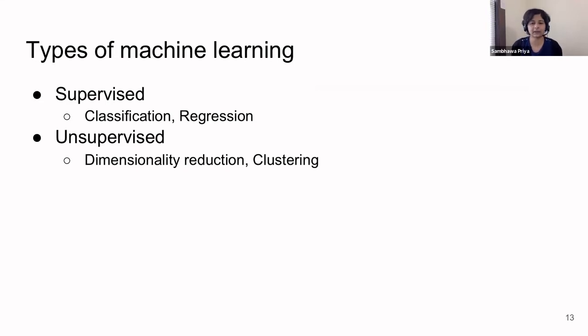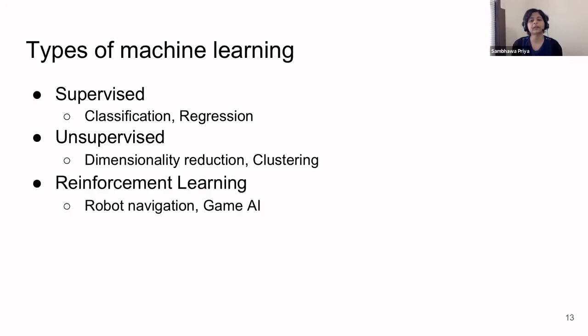And then there's reinforcement learning. These algorithms continuously learn from the environment so that they can take actions that maximize the reward or minimize the risk. Usually this is referred to as a reinforcement learning agent.